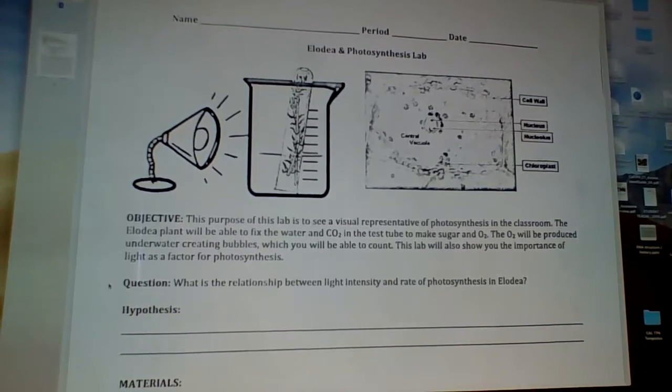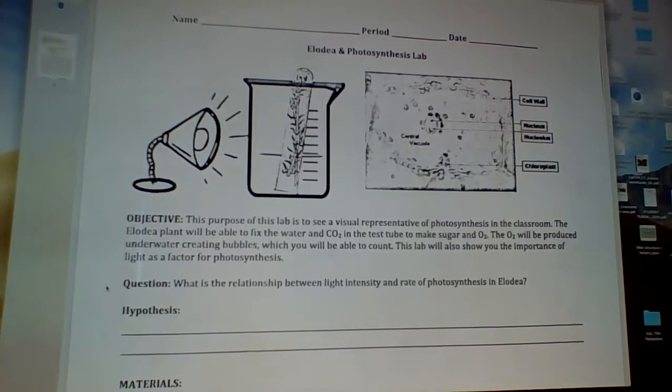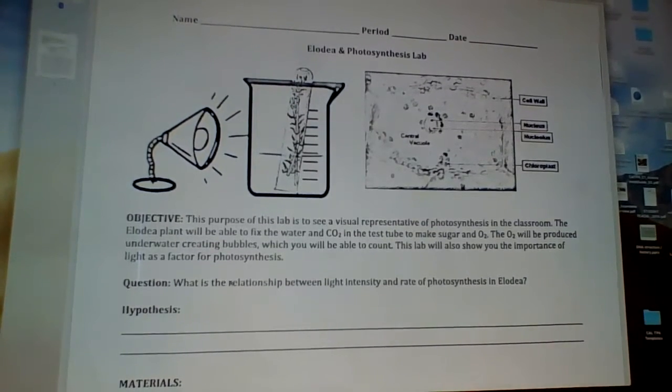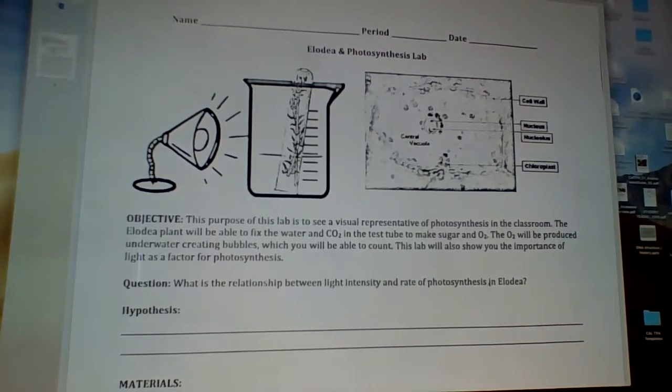So, our initial question right here, what is the relationship between light intensity and the rate of photosynthesis in this Elodea plant? You have a section right here for your hypothesis. You're going to get together with your partner and think about what is the best answer to this question. What do you think is going to happen between the light intensity and the rate of photosynthesis?